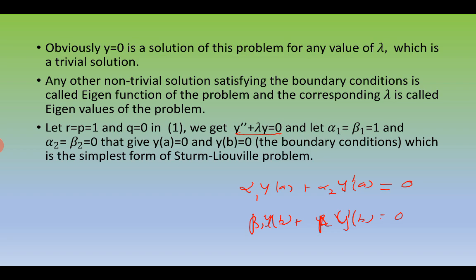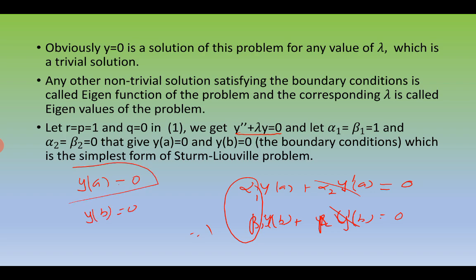In these two boundary conditions, you take alpha 1 and beta 1 equal to 1, and the other parts, alpha 2 and beta 2, are considered zero. So you get simple boundary conditions: y of a is 0 and y of b is equal to 0.